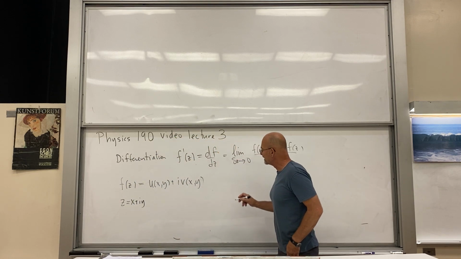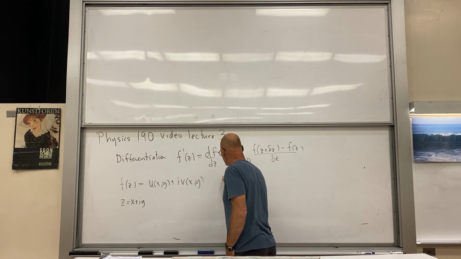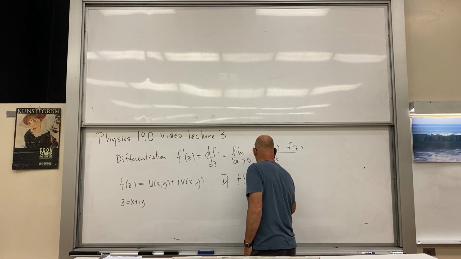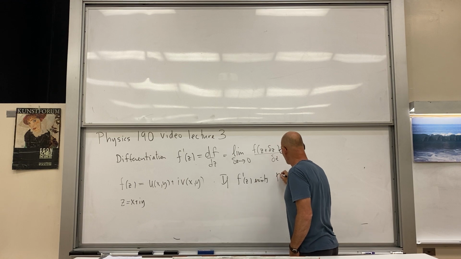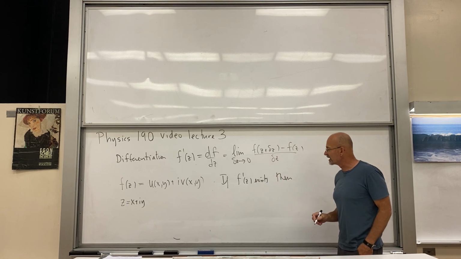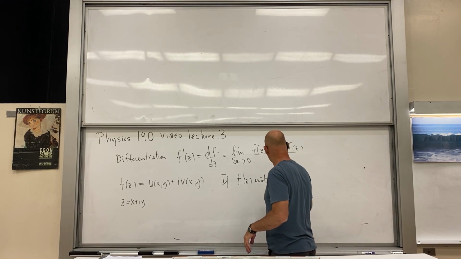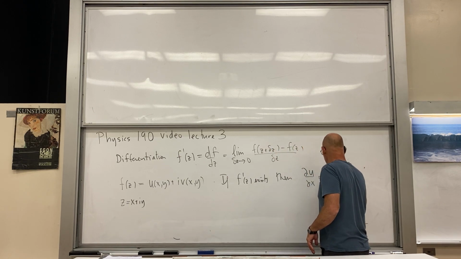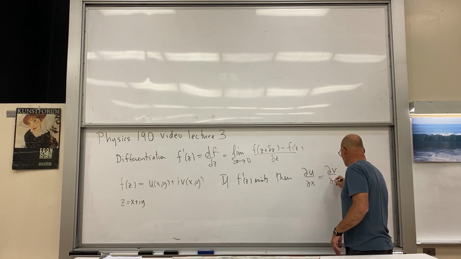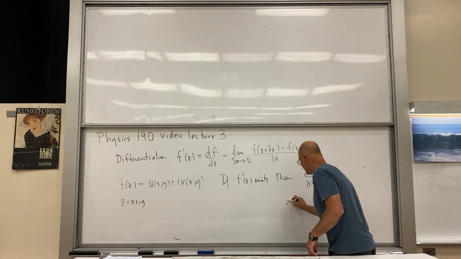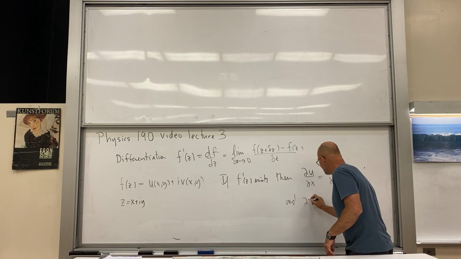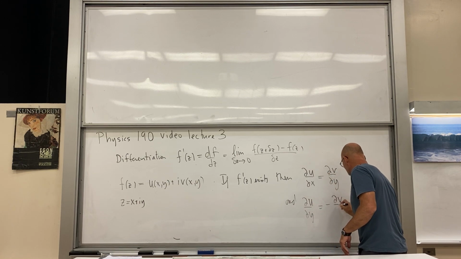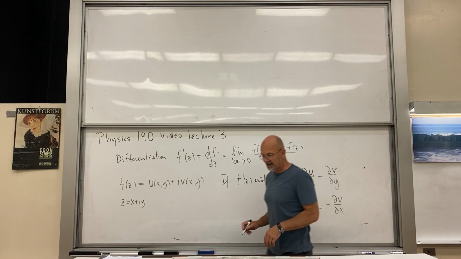And then we find that if f prime of z exists, then we have what were called the Cauchy-Riemann equations. So we have du dx equal to dv dy, and du dy is equal to minus partial v with respect to x.